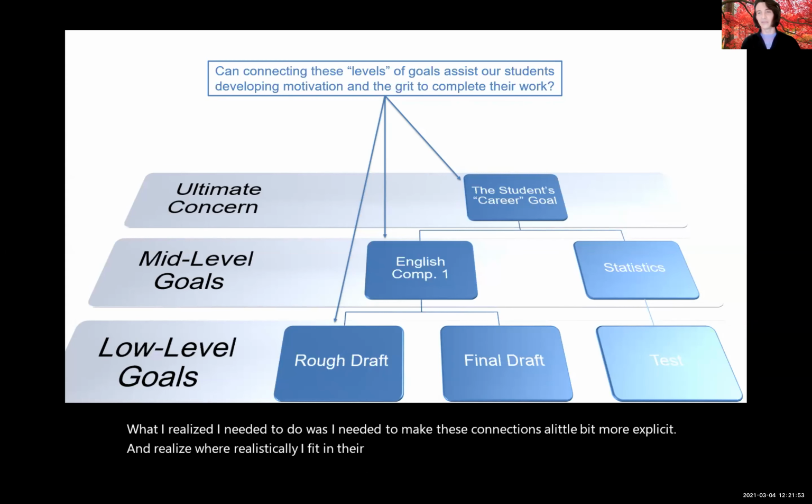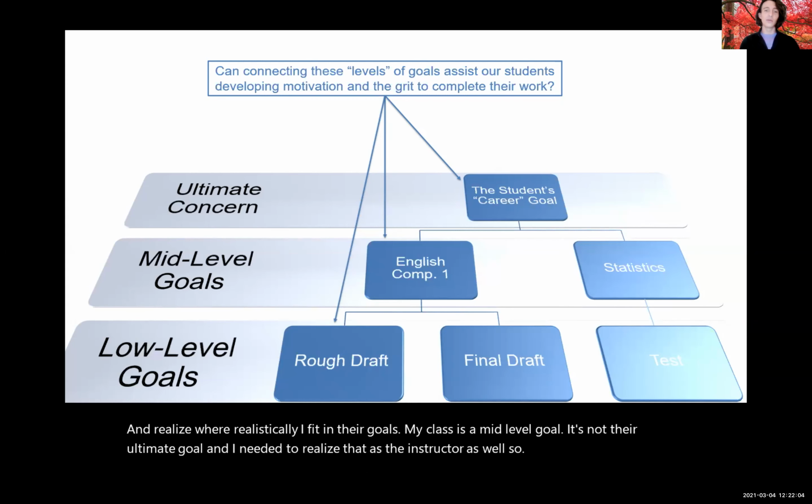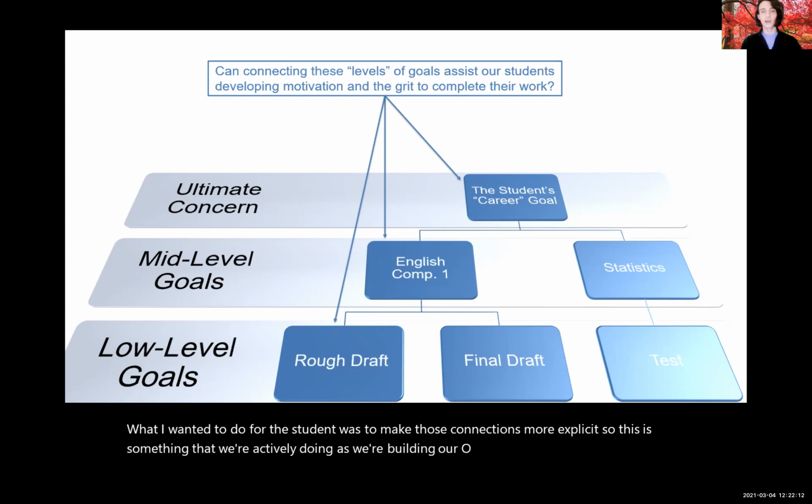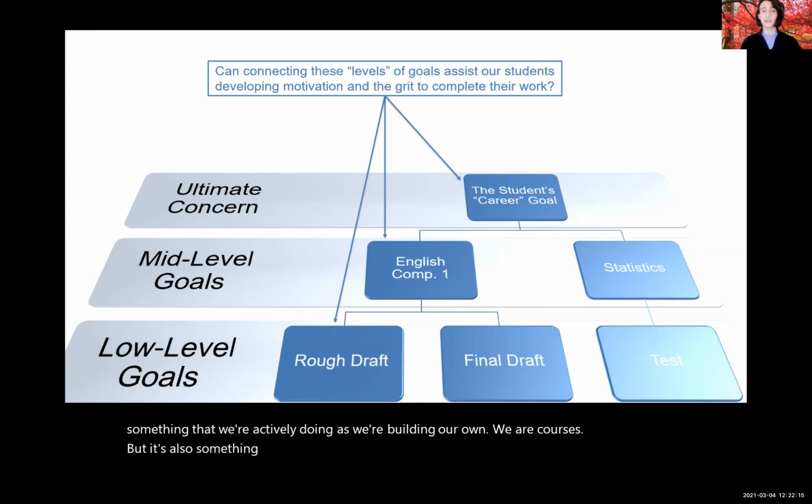My class is a mid-level goal. It's not their ultimate goal. And I needed to realize that as the instructor as well. So what I wanted to do for the student was to make those connections more explicit. This is something that we're actively doing as we're building our OER courses, but it's also something that we've been able to implement in real time currently.